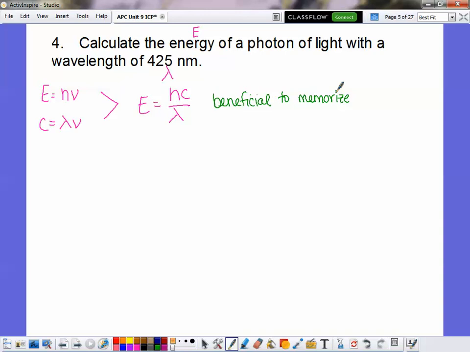Okay? So, what do we need to do with lambda? We need to convert it to meters. So go ahead and convert that to meters.